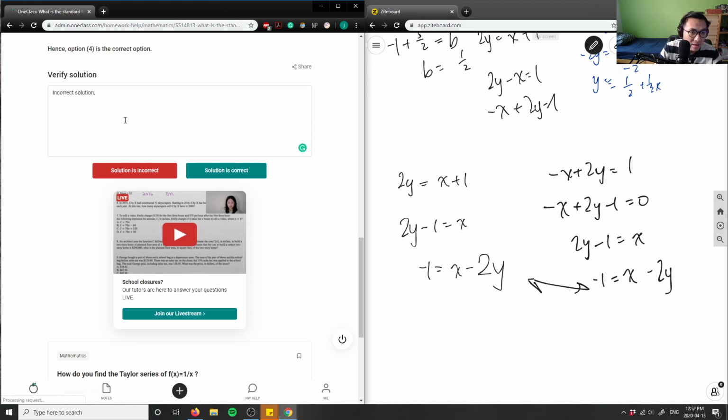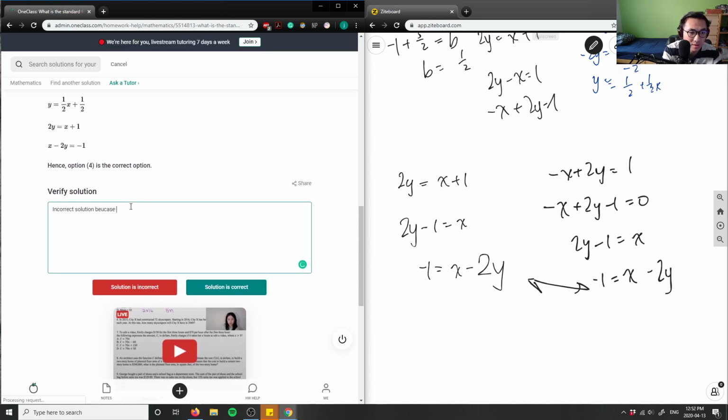So in this case, it's an incorrect solution, because those 2 points go through all four linear equations.